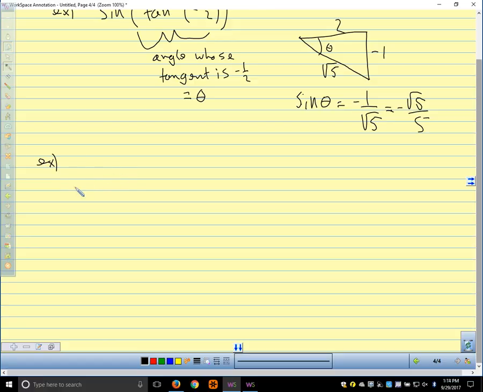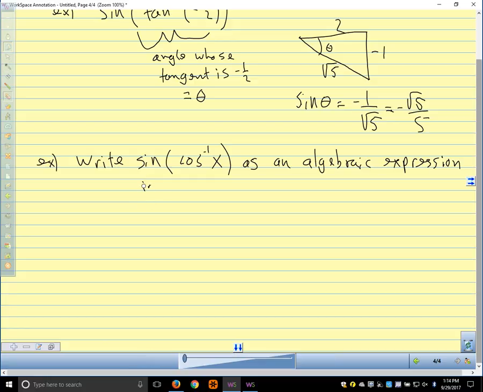So the way they'll ask this kind of question is it will say something like, write the sine of the inverse cosine of x as an algebraic expression in x.